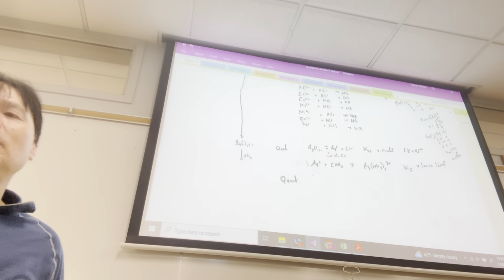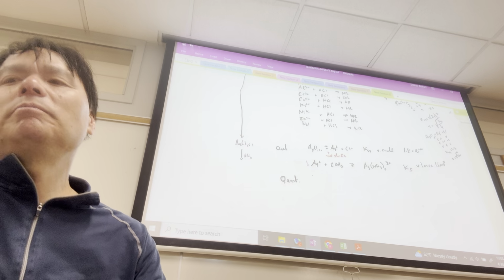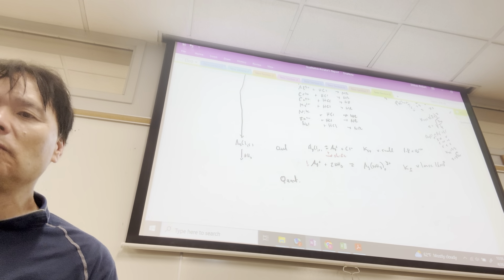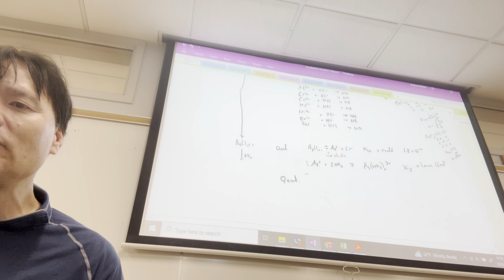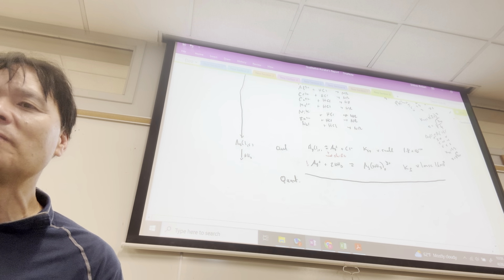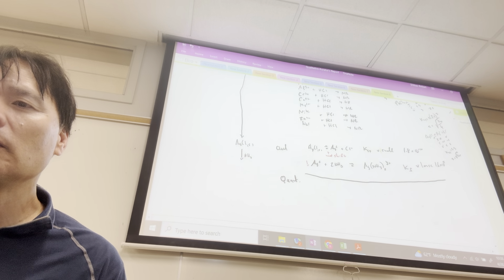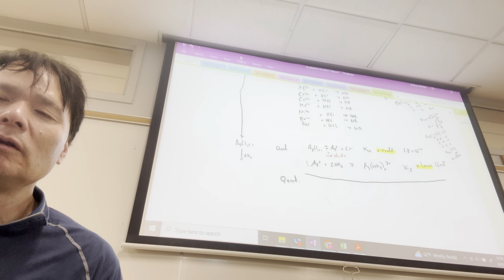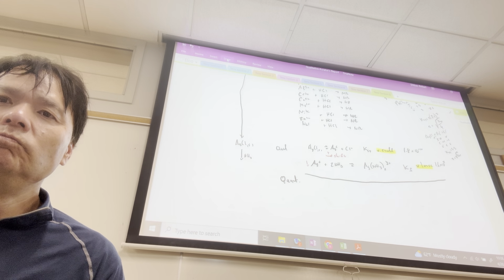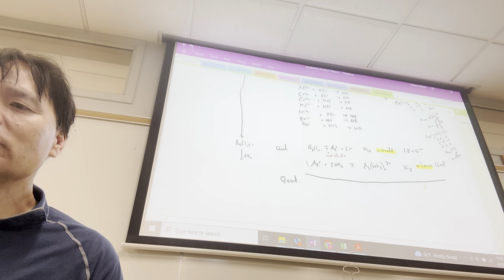That means we can use the combined method. The combined method is when we have a very small step 1 and a very large step 2. Then the combined method works.